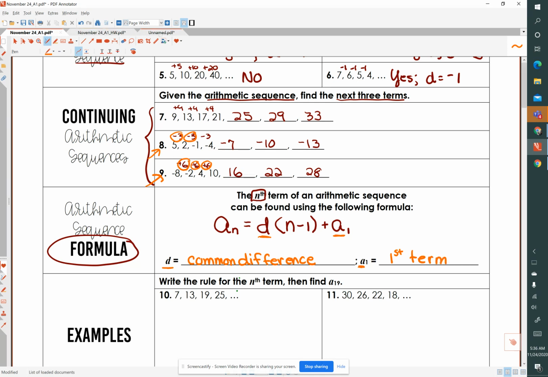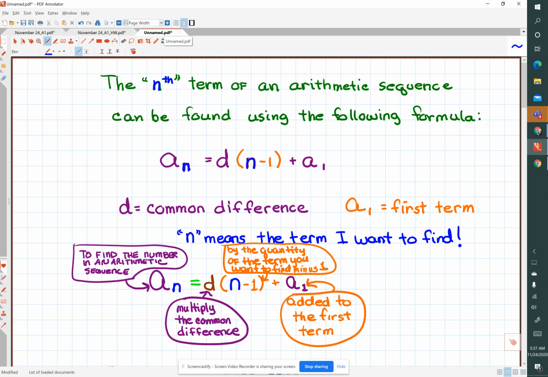So let's look at some notes that I've made. The nth term, I'll highlight as I go, of an arithmetic sequence can be found using the following formula. a sub n equals d, the common difference, times the quantity n minus 1, plus a sub 1.